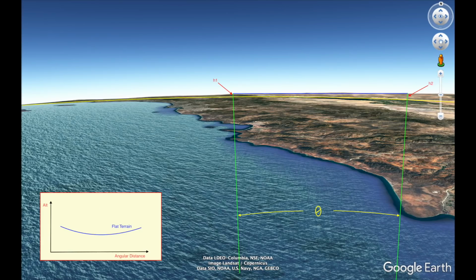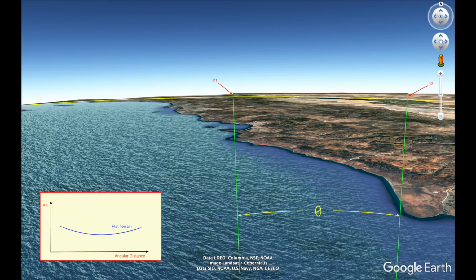So there's flat areas on the Earth, and this graphic depicts such an area. I've drawn that blue curve there, fairly flat, okay? And there's two altitudes above mean sea level, H1 and H2.